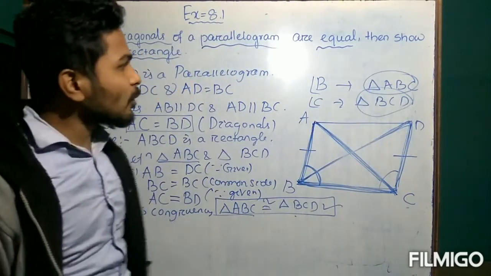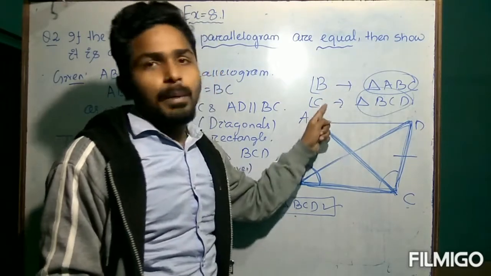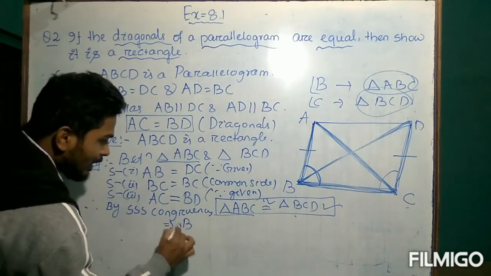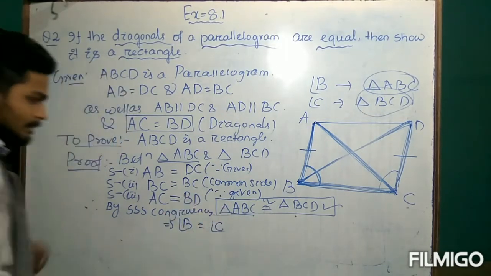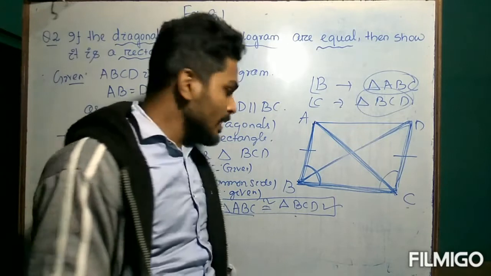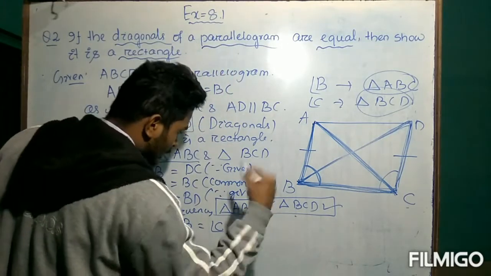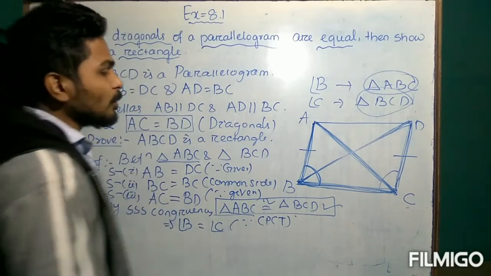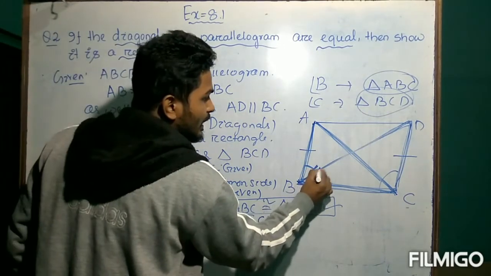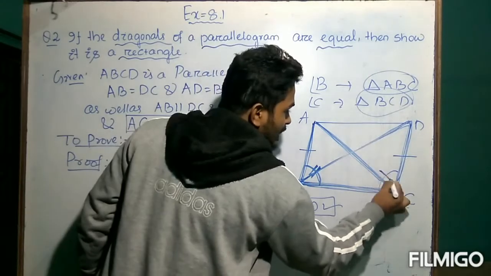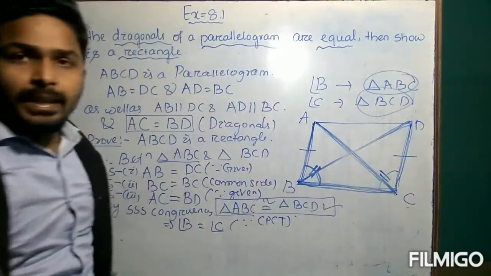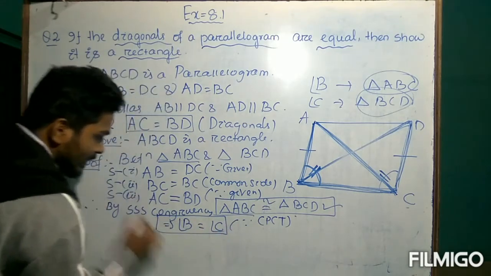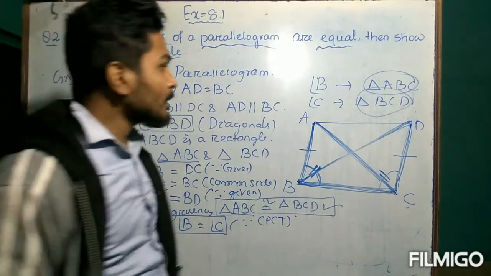If any two triangles are congruent, then their corresponding parts must be equal. So you can write, this implies angle B is equal to angle C. Why? It is due to CPCT. So we have proved that angle B is equal to angle C. It is done now. We can make a box of it. Is it clear? Okay. Next.